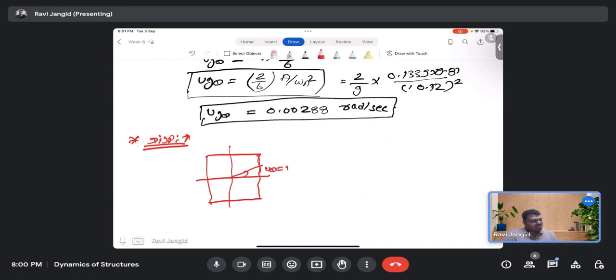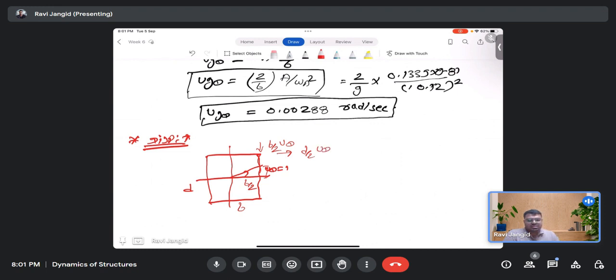So how much force will it be having? Let us suppose it is b by 2, so this will also come b by 2, so it is coming out to be b by 2 into u theta, and that will be d by 2 u theta.